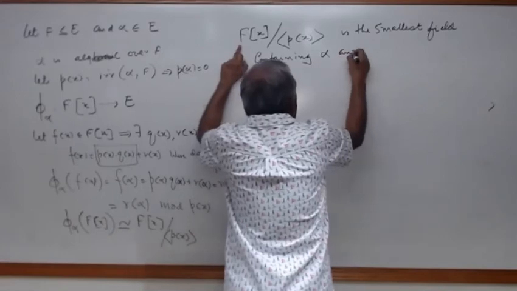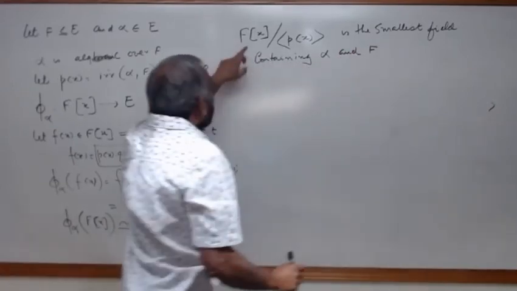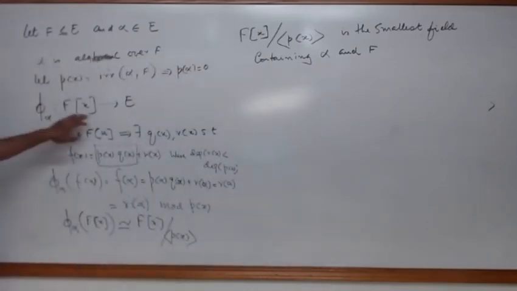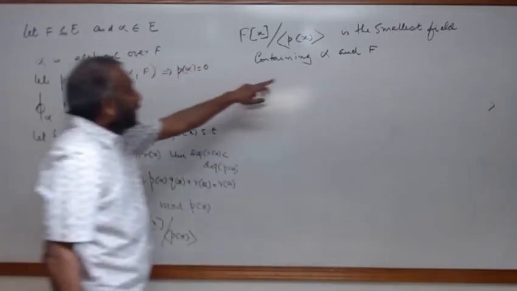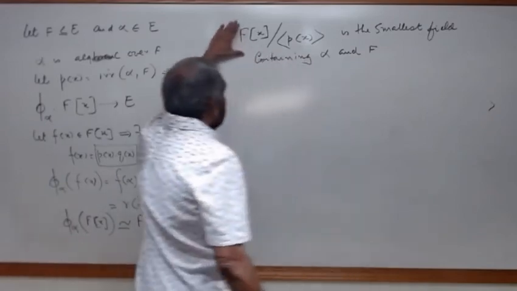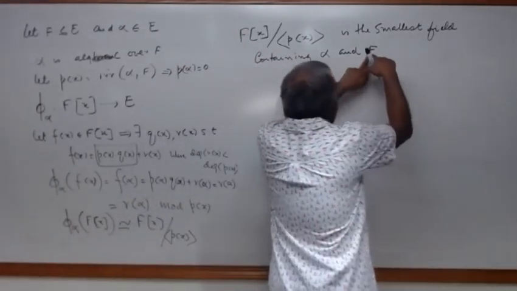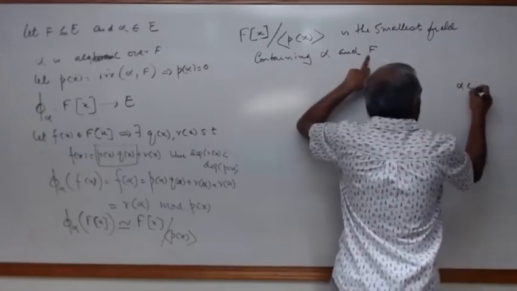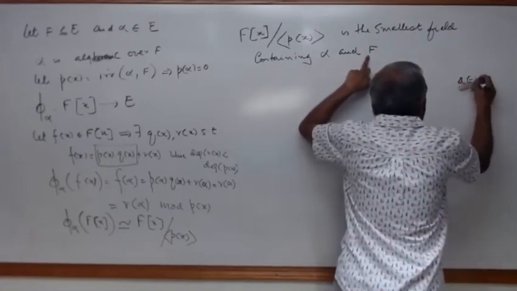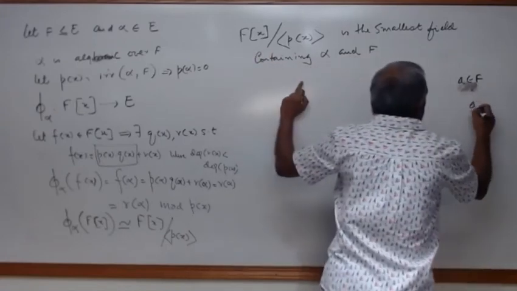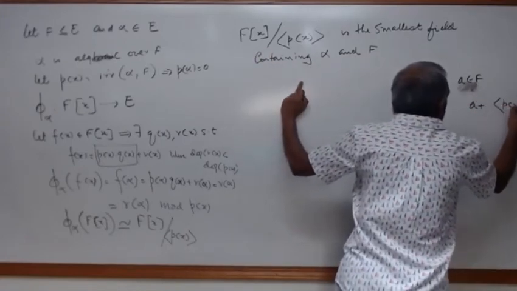alpha and f. F is there because by the evaluation definition itself, you can see that f is embedded here. Any element a from f, we can consider as an element like this, a plus P of x.